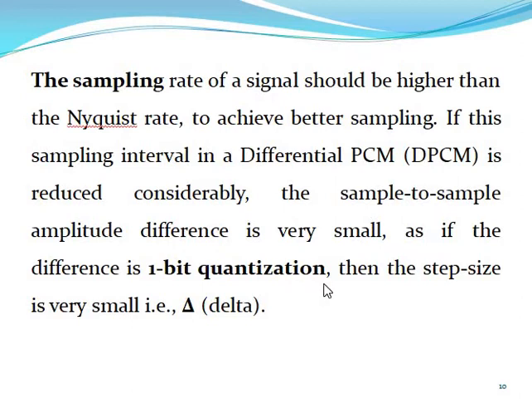Then the step size is very small. The sampling rate is smaller than the Nyquist rate. So with 1-bit quantization the step size is very small and it is denoted by delta.